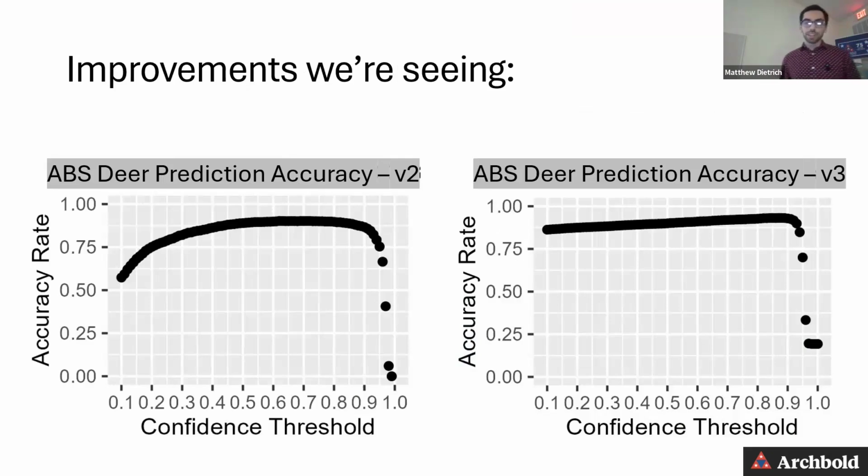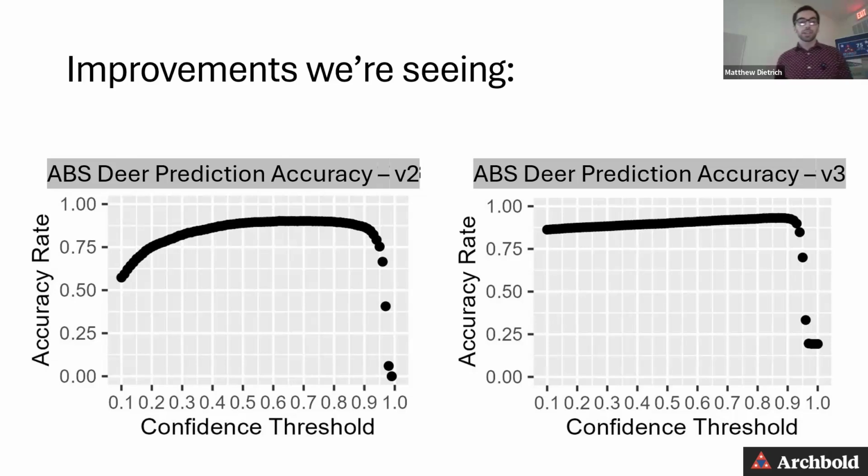So here are some very preliminary results of analysis between version 2 and version 3. Basically, we're looking at accuracy rate. On the left, we want this to be very high. Ideally, we're getting up to like 95% accuracy, or at least reaching human level accuracy rates.